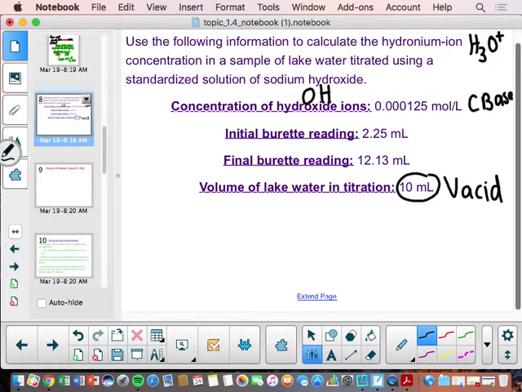So we always take our final minus our initial for our readings. So our final reading is 12.13 minus our initial, which is 2.25.